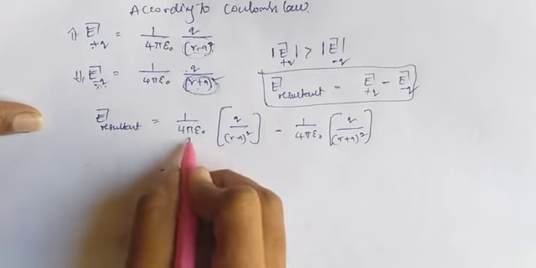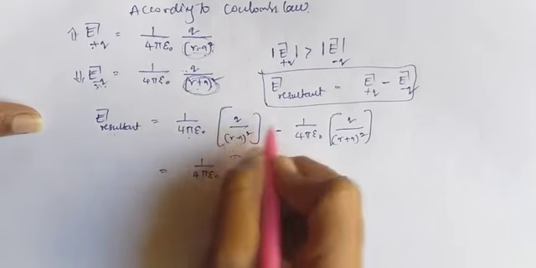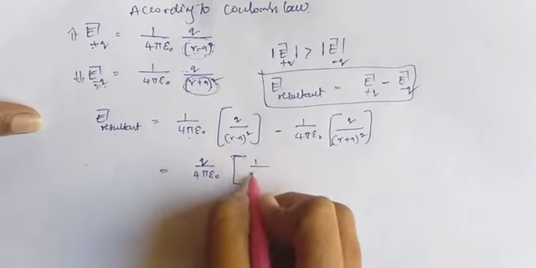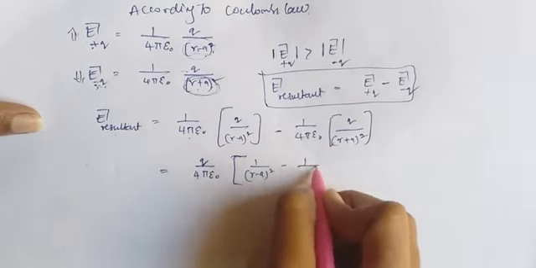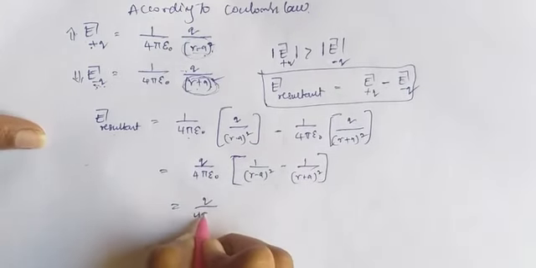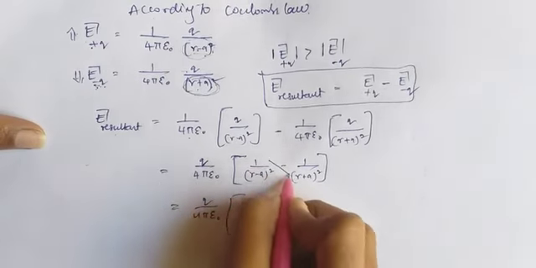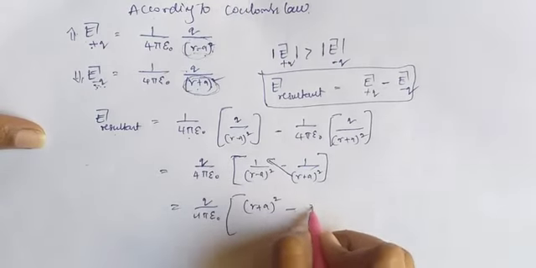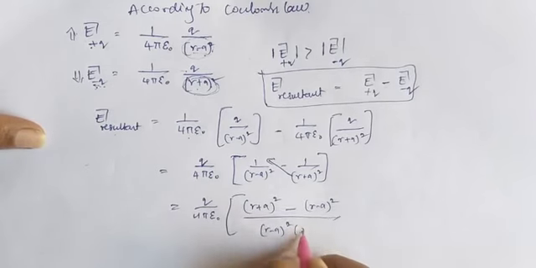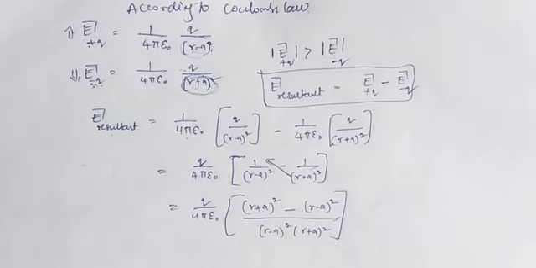The magnitude of Q is the same, so that is Q by 4 pi epsilon naught times [1 by (R minus A) whole square minus 1 by (R plus A) whole square]. Cross multiplication gives (R plus A) whole square minus (R minus A) whole square, divided by (R minus A) whole square and (R plus A) whole square. Now see here.